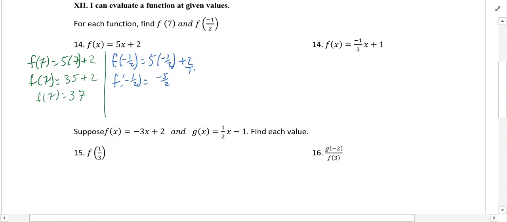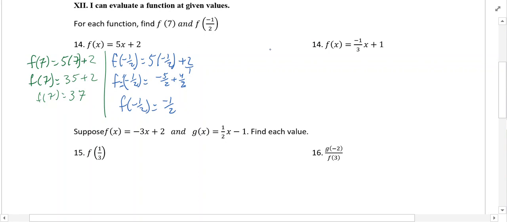So if I wanted to make the common denominator, I'd multiply 2 to the top and the bottom. So this is plus 4 over 2. And so then f of negative 1/2 equals negative 1/2, because negative 5 over 2 plus 4 over 2 is negative 1/2. And then let me just fix this here. There we go. All right, so there's our two answers when I found f of 7 and f of negative 1/2.